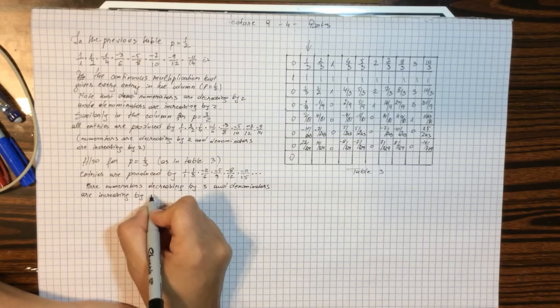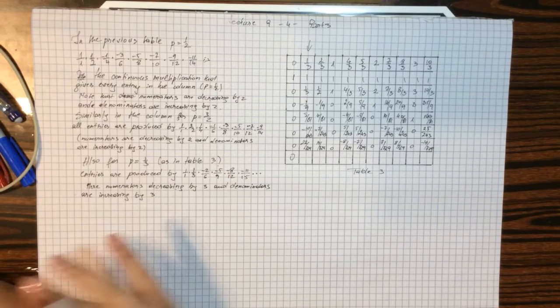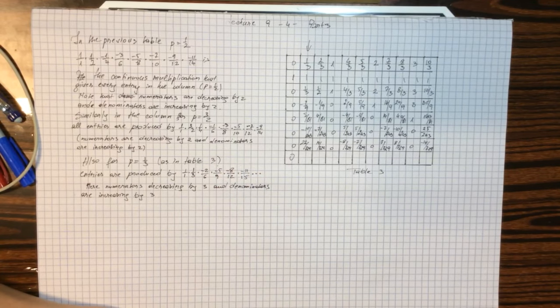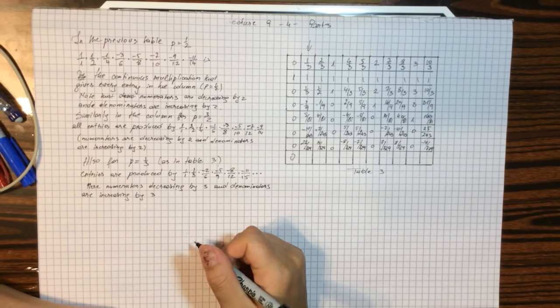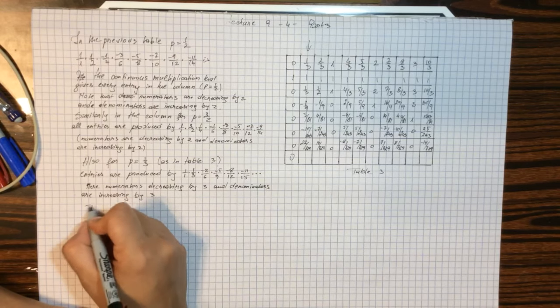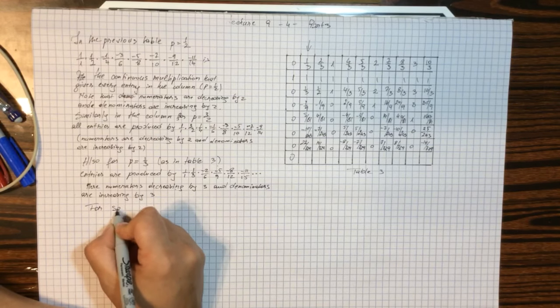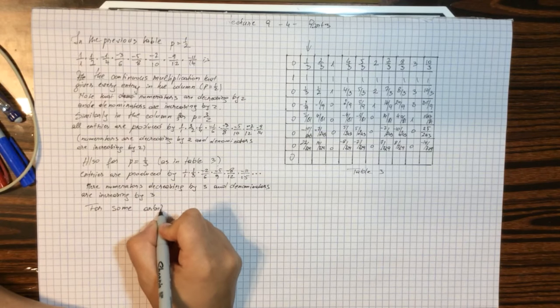So at this point, Newton wrote down an explicit formula for the binomial numbers in some arbitrary column p equal to x over y.